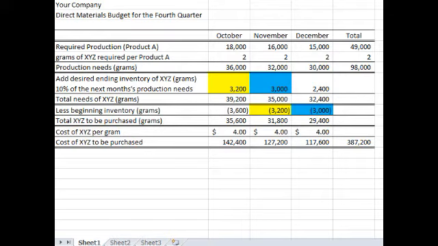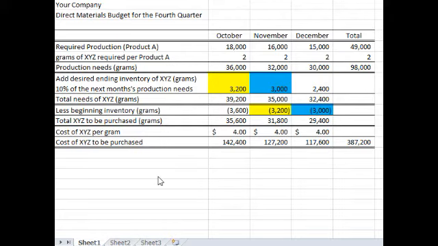Here is the example of my direct material budget. The book shows you a somewhat similar budget, but this is a commonly used type of budget table. So what we did is first we lay out by months, the last 3 months of the year, October, November, December.